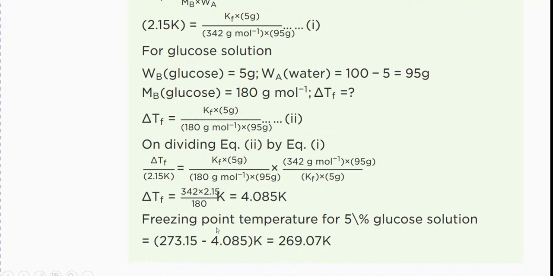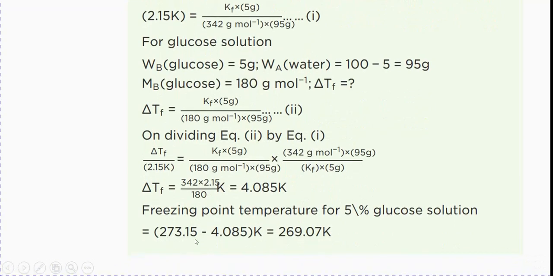So from 273 Kelvin, if we subtract the difference in freezing point, we can get the freezing point temperature for the 5% glucose solution. So 273.15 minus 4.085 gives 269.07 Kelvin. So this is the required value, the freezing point of the 5% glucose solution.